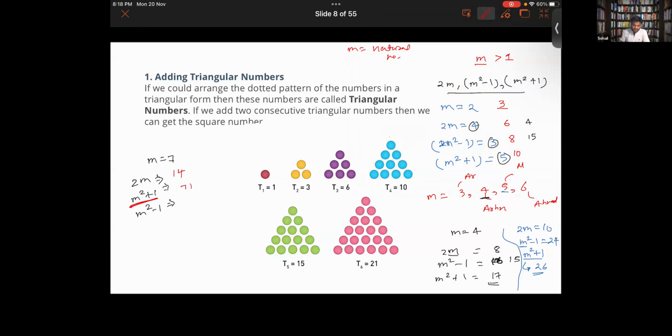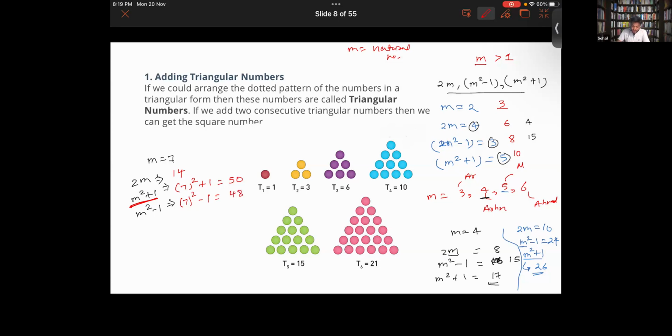So that will be 7 square plus 1, how much? 50. 50, Arhan. Sir, I thought it was minus. No, 7 square minus 1, then it won't be 38 but 48. Okay, pay attention here.